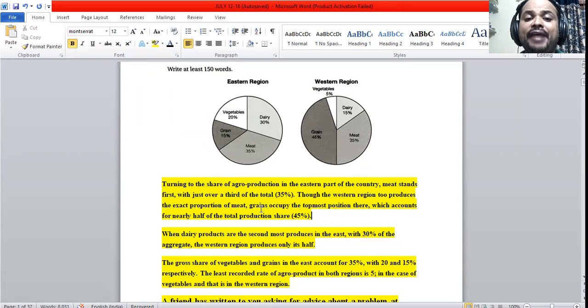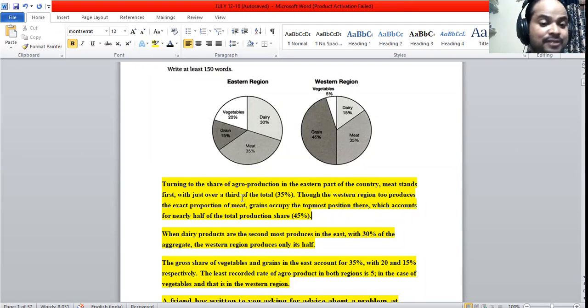Turning to the share of agro production in the eastern part of the country, meat stands first. It's said in the present tense. I told you that it is to be said because there is no specific date, no specific year, so it's present tense.